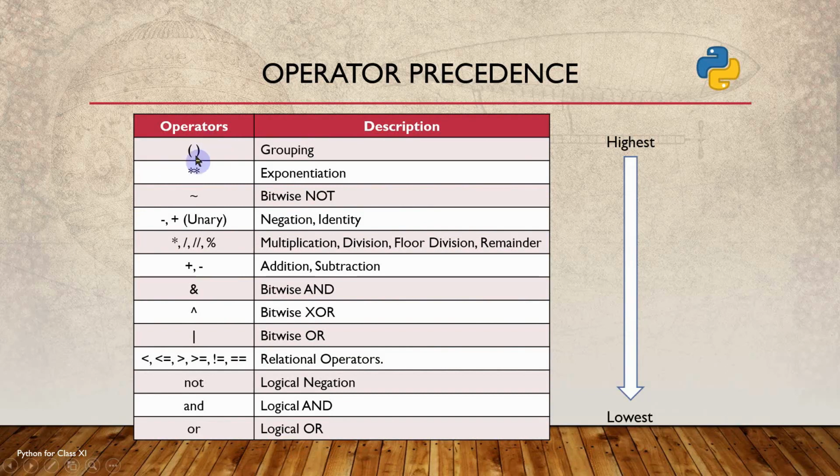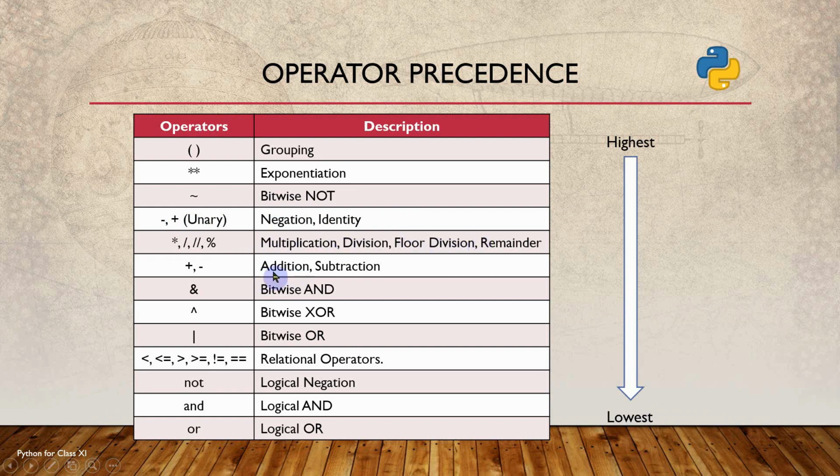Here the highest precedence operator is parenthesis, which is used as a grouping operator. The next precedence is for exponentiation, and the next is bitwise not. Then we have unary operators, unary minus and unary plus, for negation as well as identity respectively. The next precedence goes to multiplication, division, floor division and the remainder.